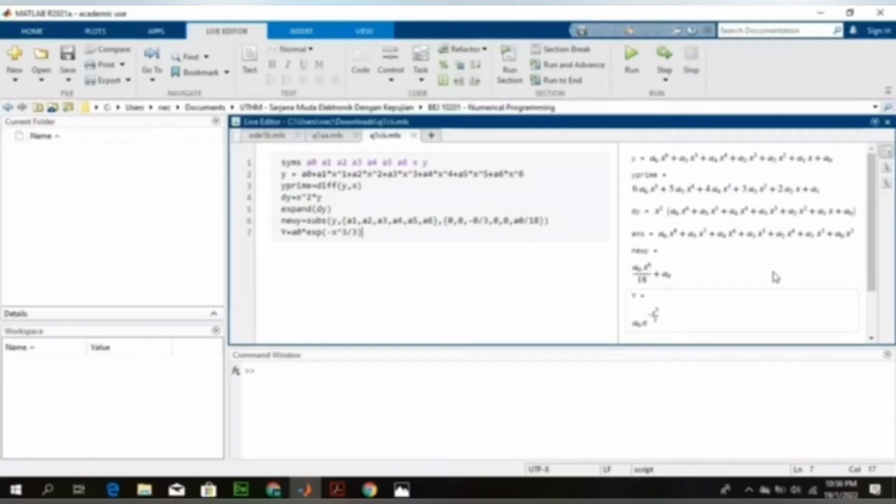So we move to the MATLAB calculation. So the symbol is a0, a1, a2, a3, a4, a5, a6, x, and y.